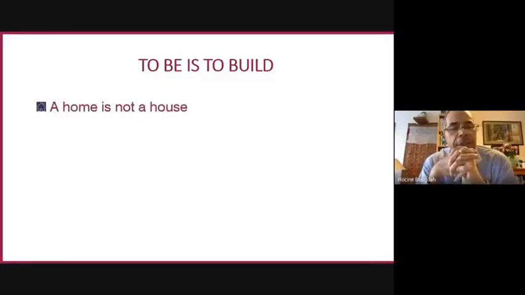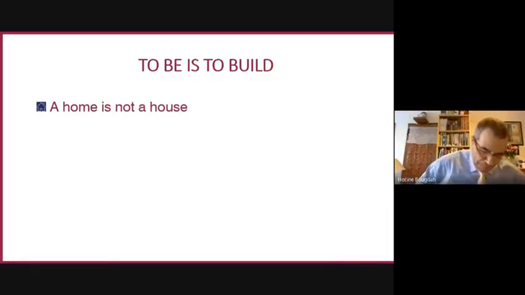So that's the first topic, which I will go through. And as you can see, I'm using a little bit of color coding for the slides, so you will know roughly how far we are from the end of the presentation, so that you don't get perhaps bored. So the blue one is a home is not a house. Next, please.